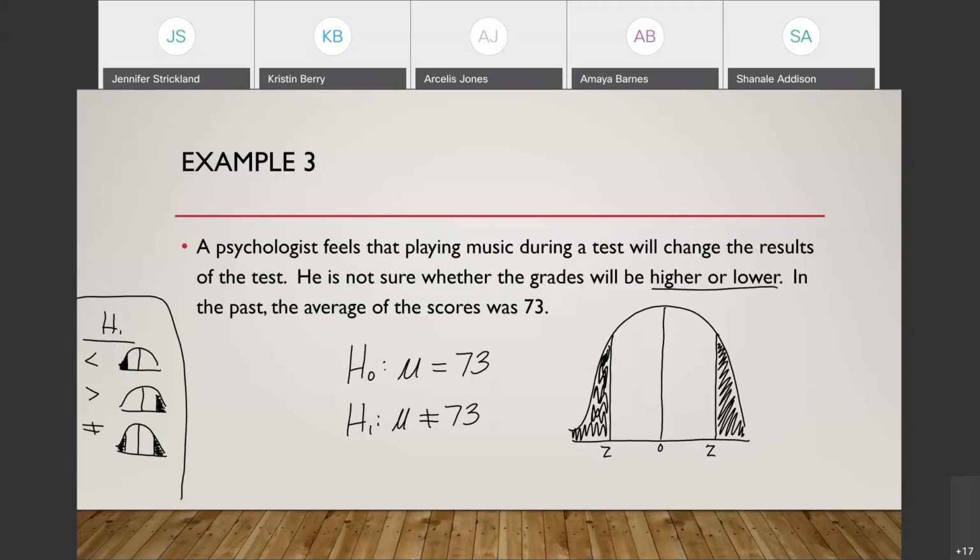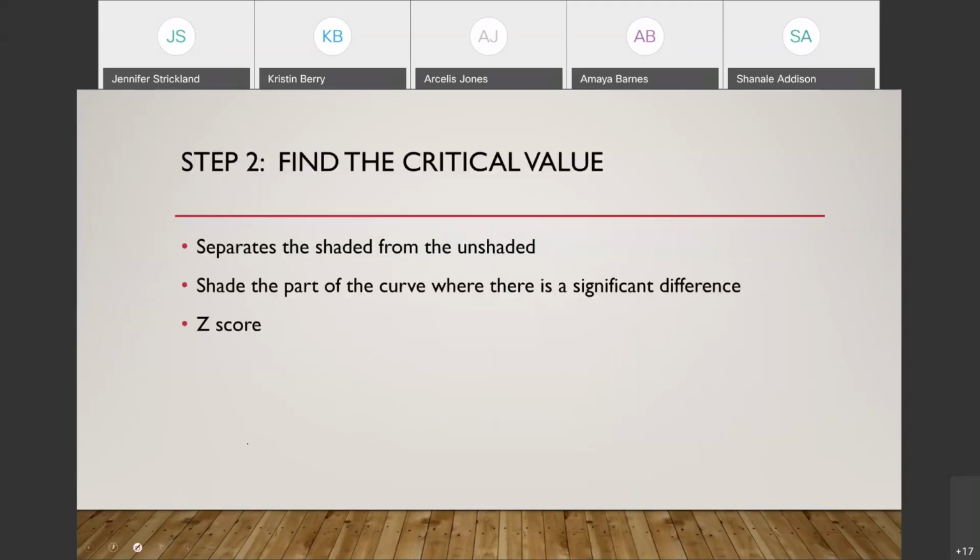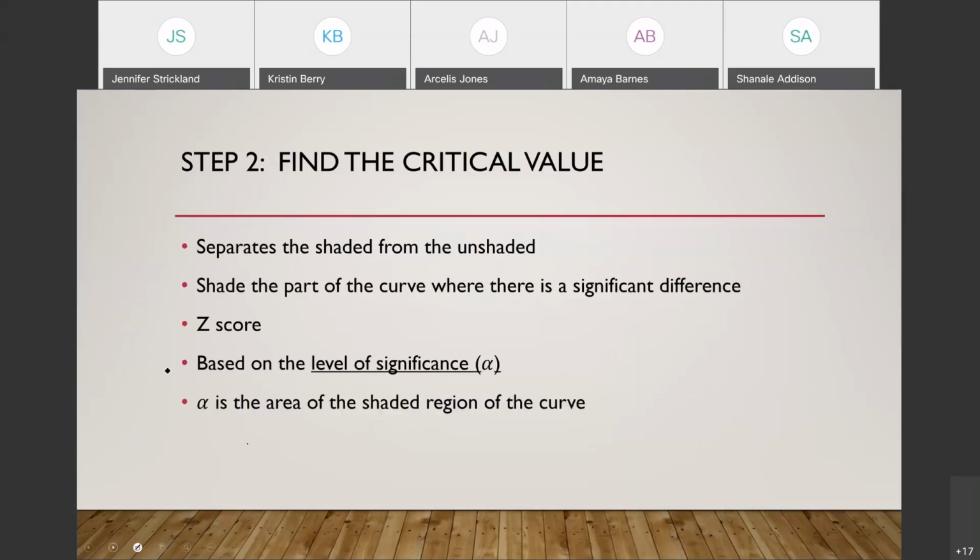All right, so let me go back to the notes part just for a second. Okay, so let's add just a couple of things here. All right, so let's add these two statements. Okay, so to find that critical value, we're going to base it on what's called a level of significance, which they use an alpha to stand for, like the little fish symbol.